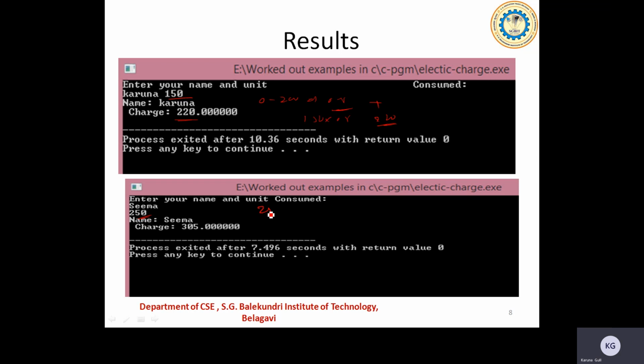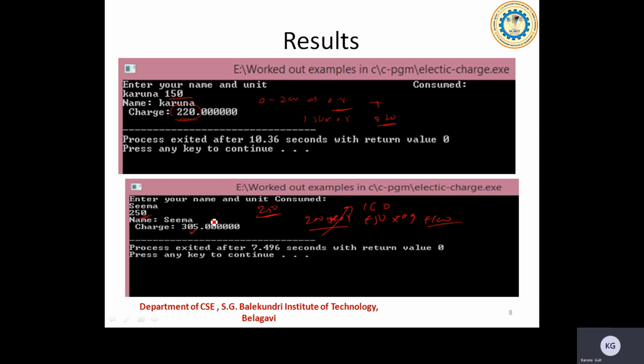Similarly, if you go ahead with 250 units that they have entered here: for 200 units you need to pay 80 paisa, and for 50 units you need to pay 90 paisa, and the minimum meter charge of 100 you have to pay there. You already know this is 160, and 0.9 into only 50 units above 200, plus 160, plus 100 yields 305, and it is giving me the right answer.